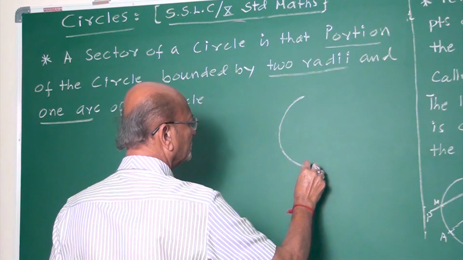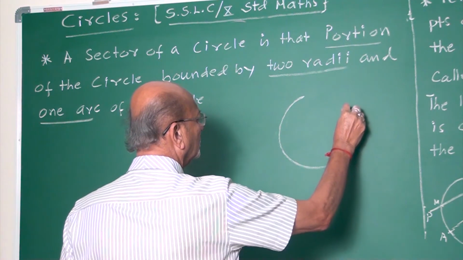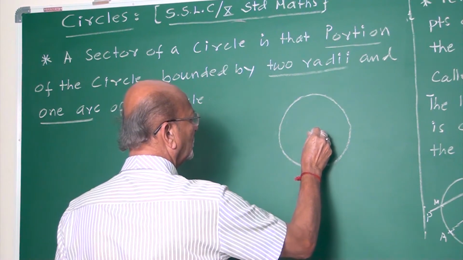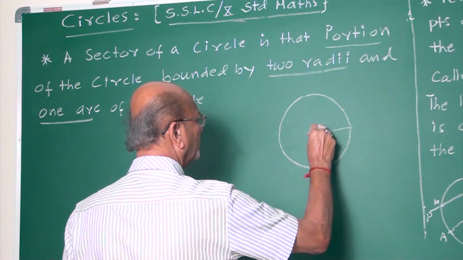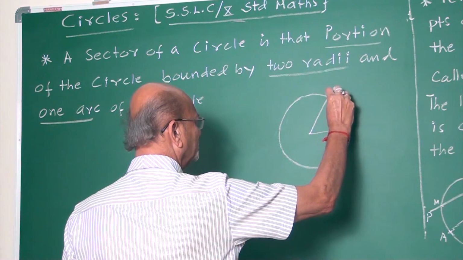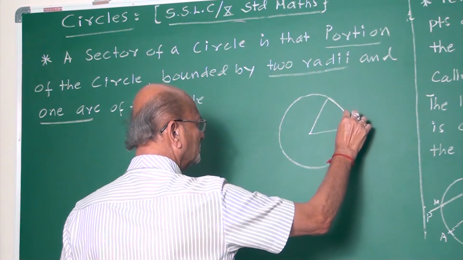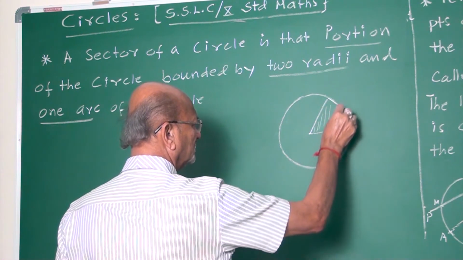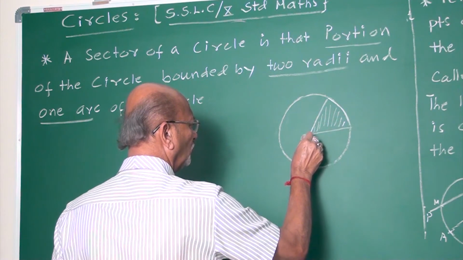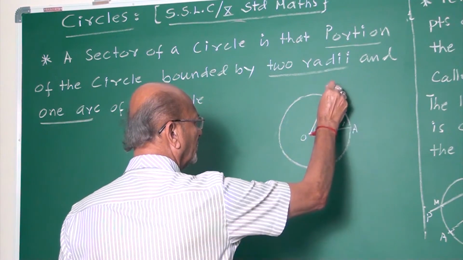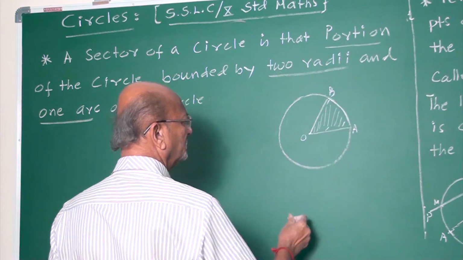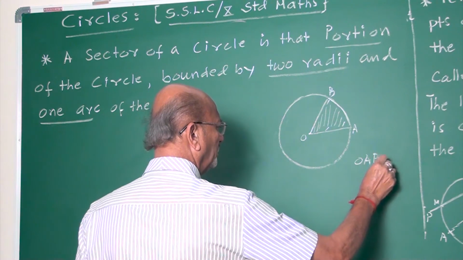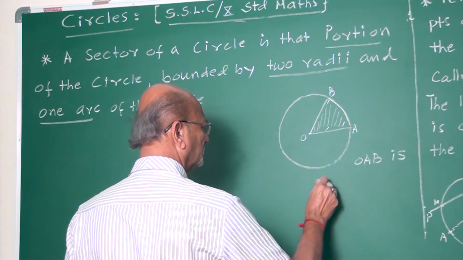This is the circle. Yes, the center of the circle. These are two radii. This is the arc, my friends. This portion OAB is the sector.